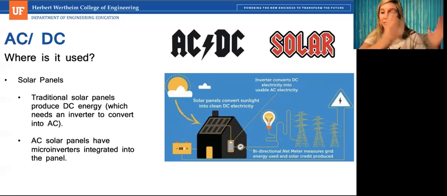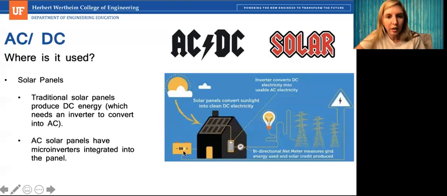So if we have solar panels generating direct current, and we need to be able to use electricity within our house, we need to convert that into alternating current to get on the grid or use it within your own home. So that's why you can see here, there are inverters that convert that DC into usable electricity.